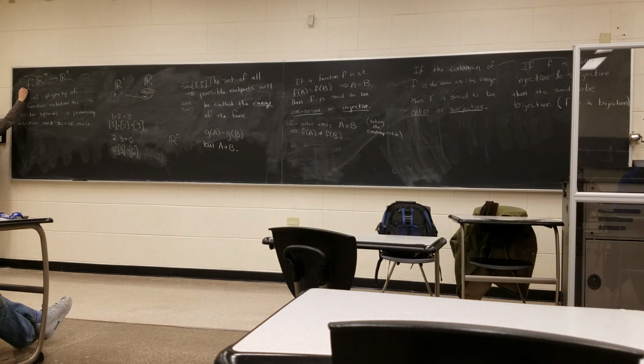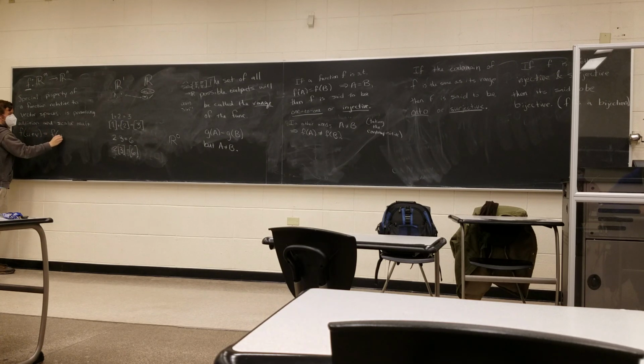If f is our function, then when we add two things together, we add two vectors together, we get something. What we map them to, when we add those together, they should add to the same thing that we would get if we mapped their sum over. How do I write this? F of u plus v equals f of u plus f of v.